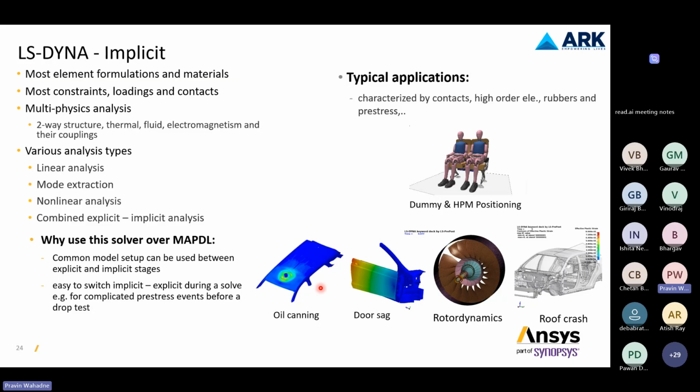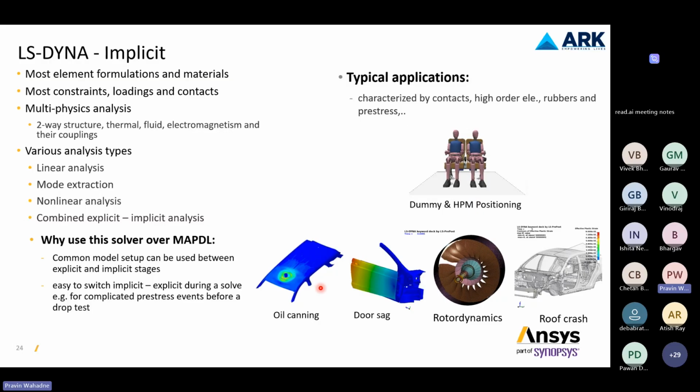All of these are in implicit, but it has a more flexible methodology where you can switch from implicit to explicit during the solving process. If you want to transfer the implicit process to explicit, you can easily do this with the LS-DYNA tool.